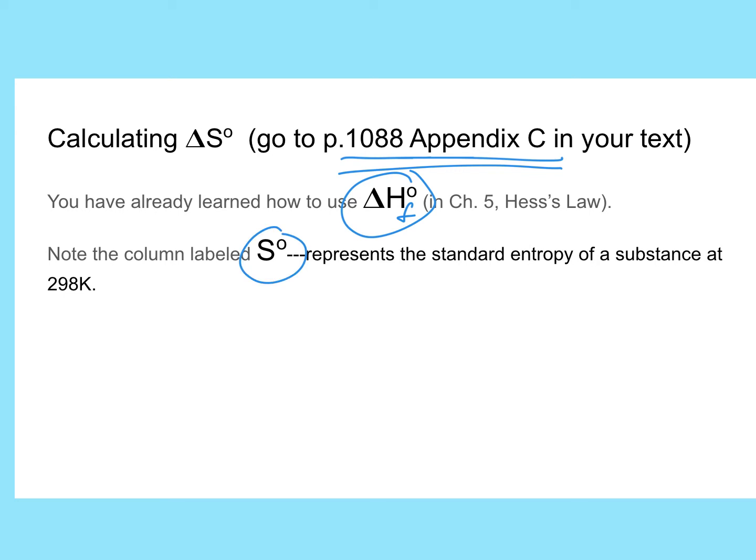These are entropies, absolute entropies for substances at 25 degrees Celsius. Okay? So, a couple of things. First of all, the units are different. Joules per mole Kelvin, because these values are temperature dependent.